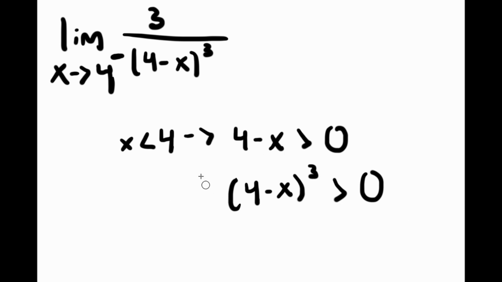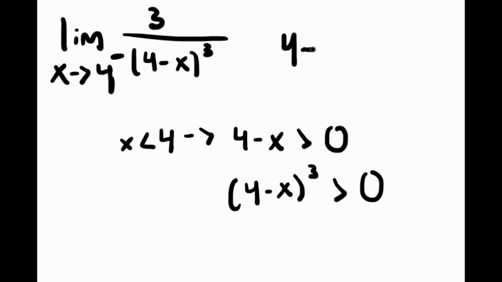And now think about it. As x approaches 4, will we get a positive or negative infinity value? Well, if we do the same thing as we did before, which is just kind of think about it in our head and also use this right here, honestly, it's just kind of like common sense. We saw before, it was an increasingly big negative value, since it was on the right-hand side. Now x is going to be less than 4. So since it's going to be less than 4, 4 is going to be the bigger value.